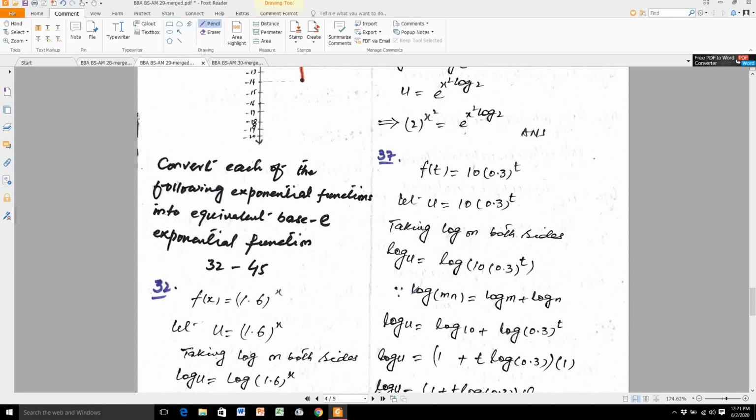I am writing here a property of log: when two functions are multiplied with each other and you apply log, the property is that it adds them. So you write it as log m plus log n. Here this is our one function, that is 10, and the other function is 0.3 raised to the power t. So I write it as log u is equal to log 10 plus log 0.3 raised to the power t.